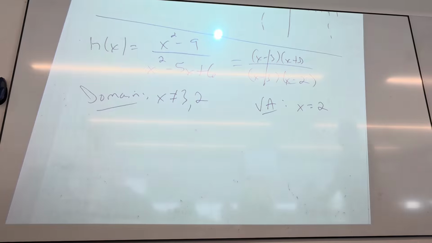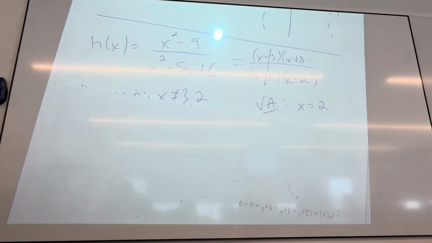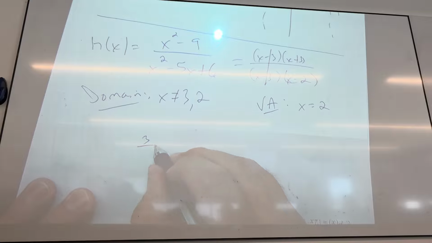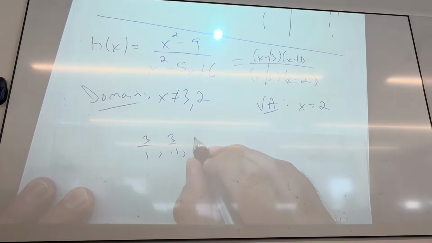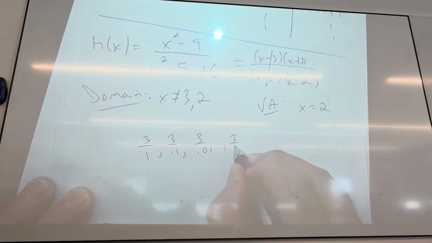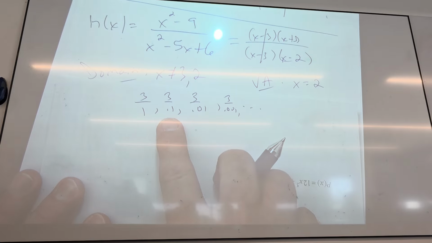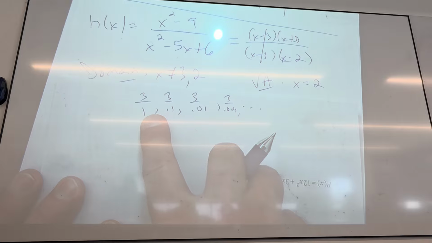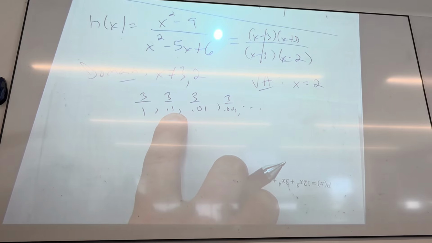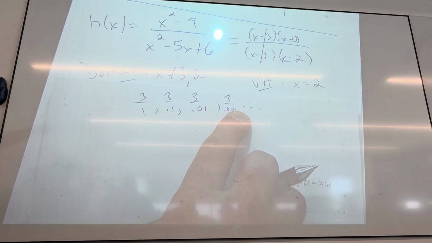So watch. If I give you a sequence of numbers, 3 over 1, 3 over 0.1, 3 over 0.01, what is happening to this? Every term is getting bigger. 3 divided by 1 is 3. 3 divided by 0.1 is 3 times 10, which is 30. 300, 3,000, yes?